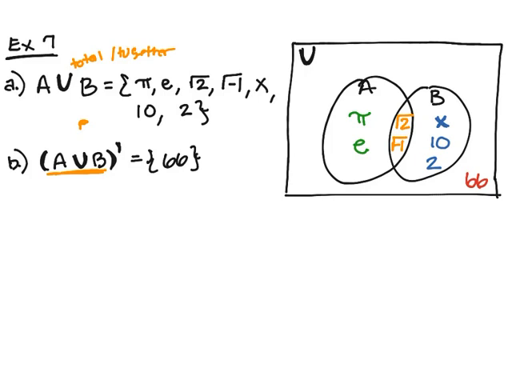Does that make sense? No? Yes. Ask me questions. Say it one more time. Now, I'm just saving myself from writing. That's all I was doing, saving myself from writing. A union, but keep in mind, you always do what's inside this parenthesis first.